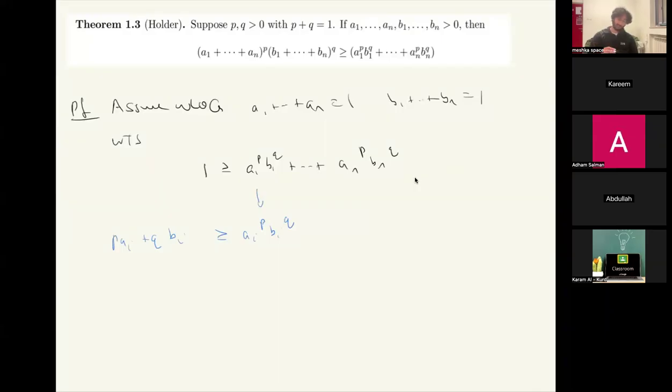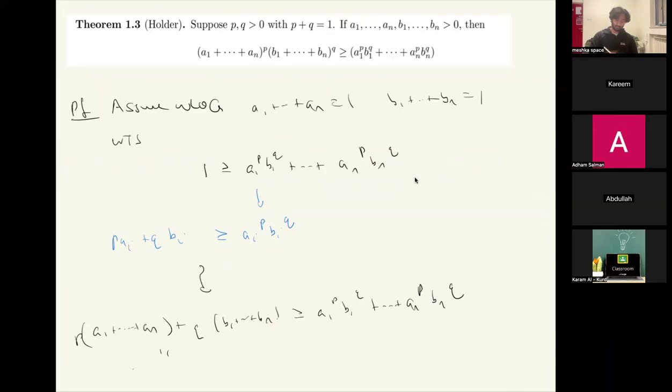Now if I sum these up, if I sum I equals 1 to N, I'll have here (A1 plus ... AN) times P plus (B1 plus ... BN) times Q. And here I'll have the other side: A1 to the P, B1 to the Q, plus ... plus AN to the P, BN to the Q. But of course, these sums are both 1 by assumption.